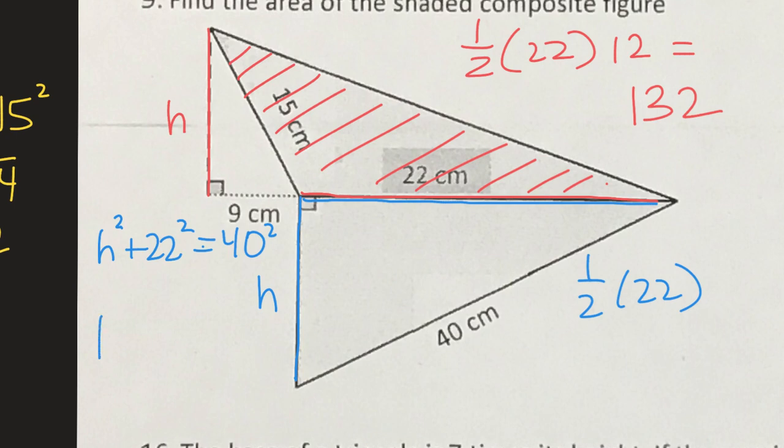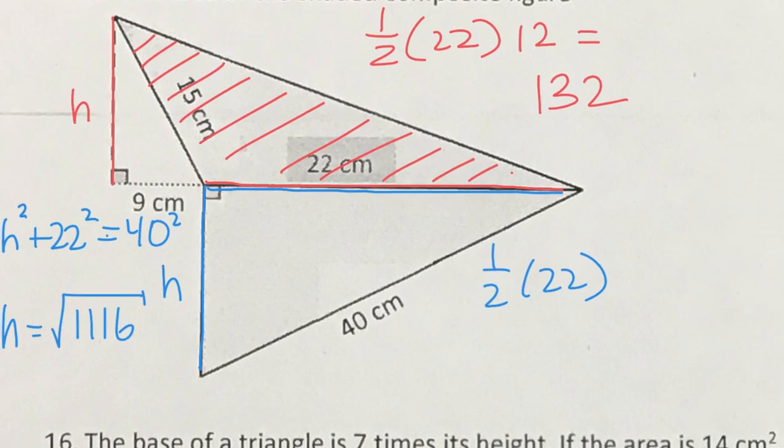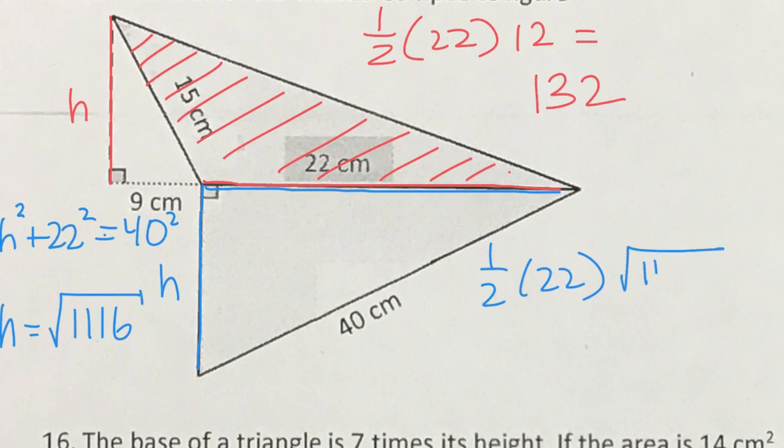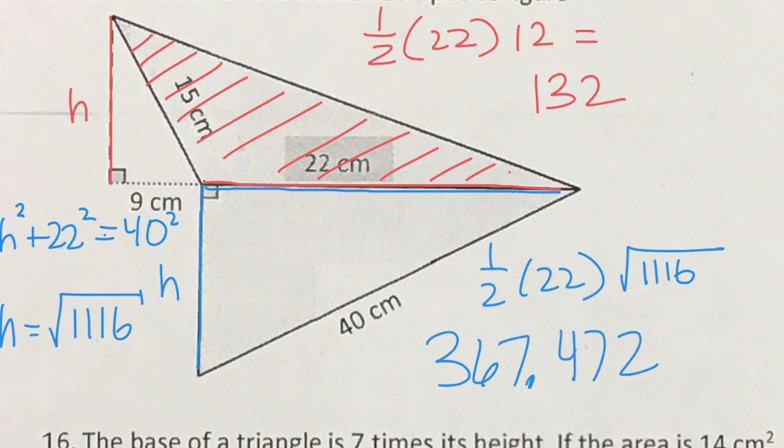In calculating this one, the height is the square root of 1,116. So I plug that into my formula, 1/2 of the base times the height: 1/2 of 22 times the square root of 1116 gives me 367.472. And that's the area of the bottom triangle.